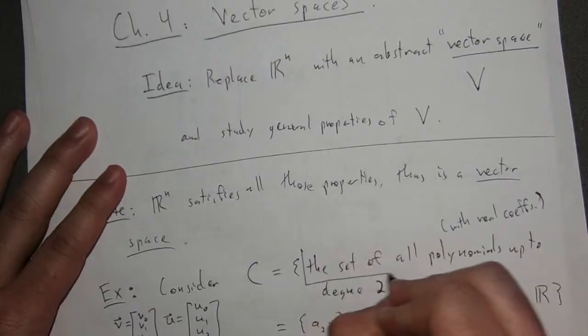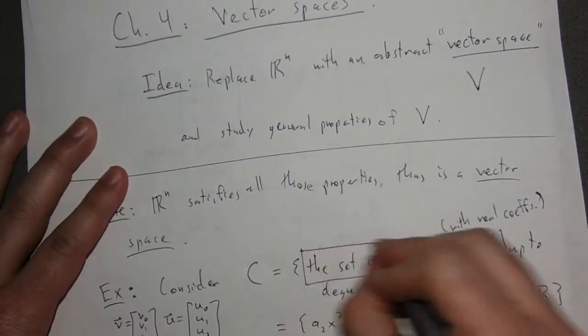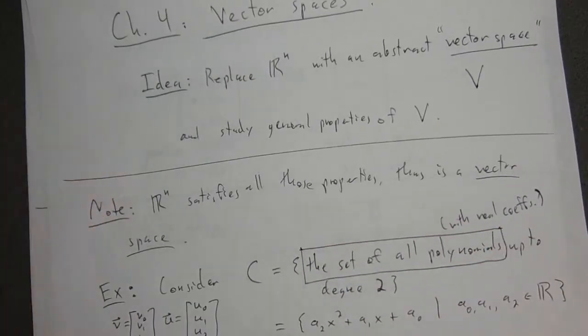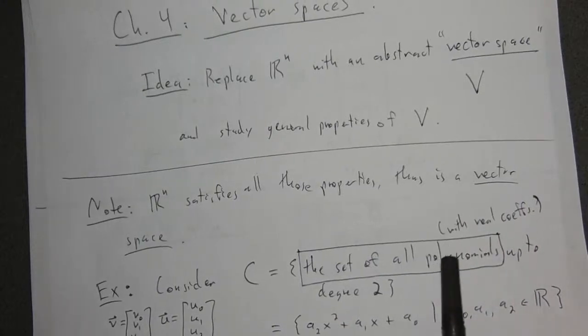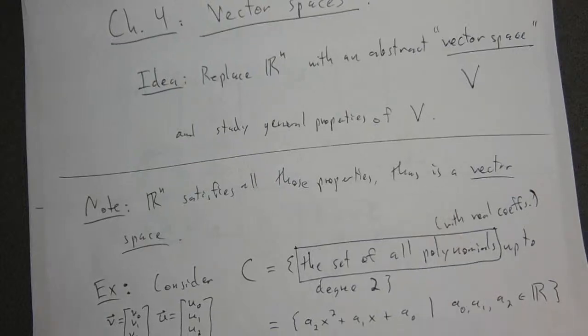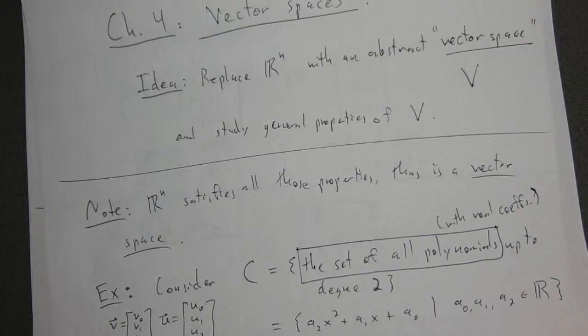What if I just said let C be the set of all polynomials? So degree is arbitrary. You could have degree 500 polynomials here, or degree 500 billion polynomials. There's no upper limit on the degree. How many entries would I need in these vectors to describe the set of all polynomials?